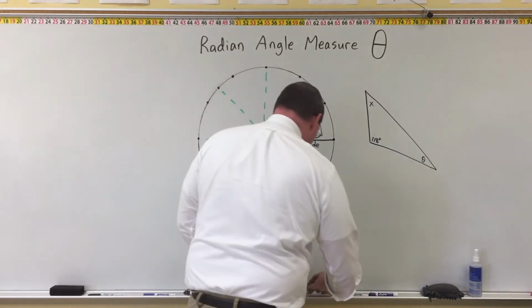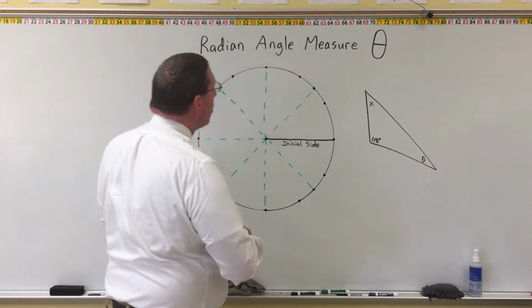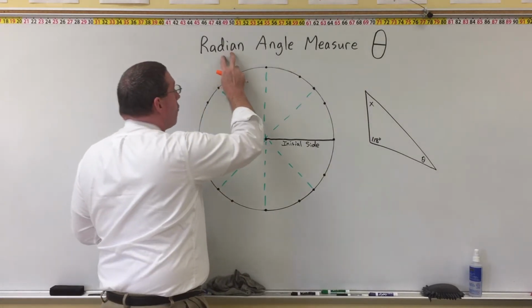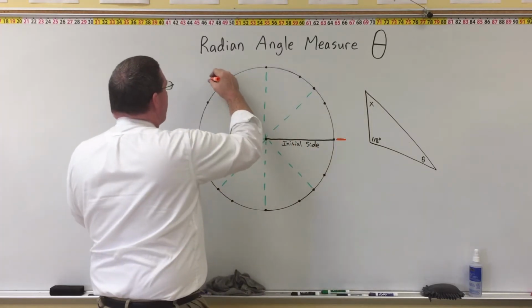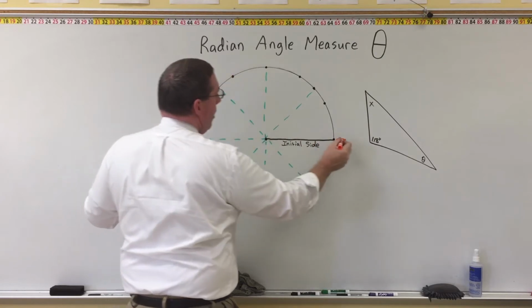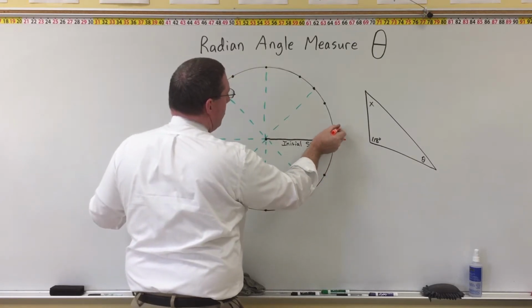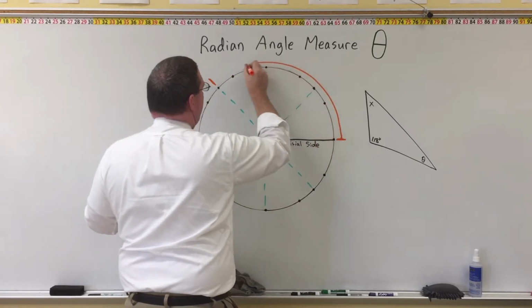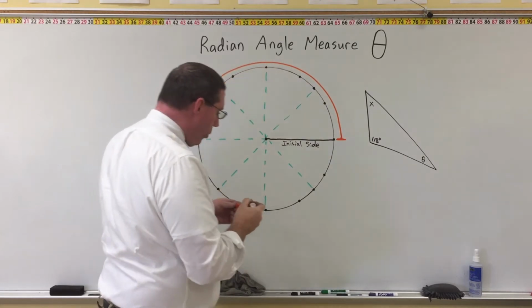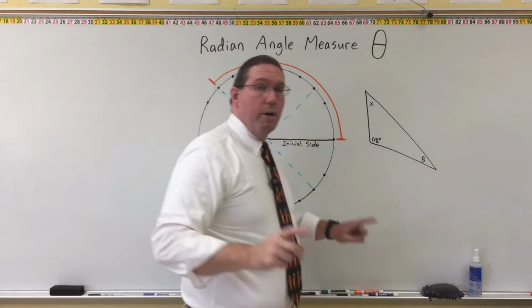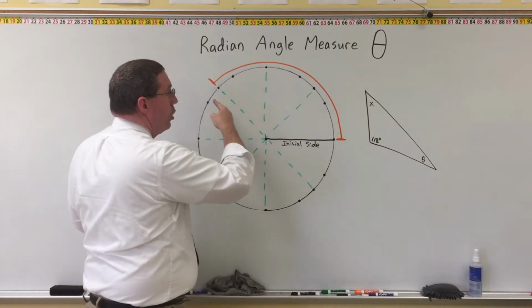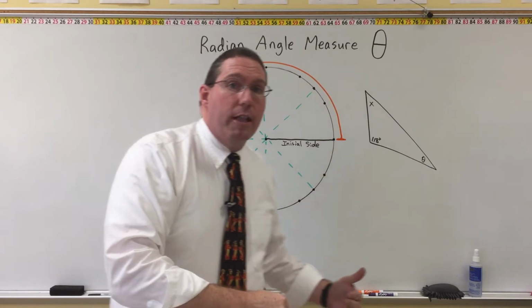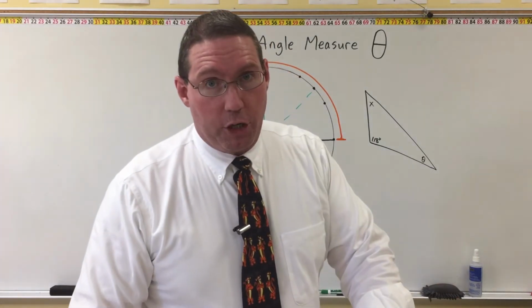And so let's say that we had a situation where we wanted to identify radian angle measure theta that starts here and ends right over here. It's going to start here and go around over to here. Well, what we're going to do is use what we understand about the arc length to calculate the angle measure.